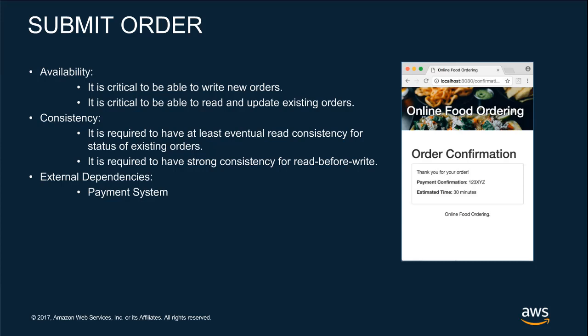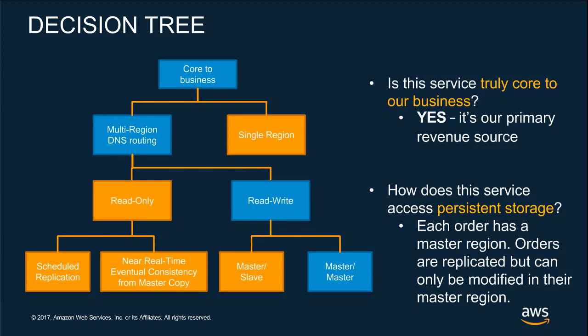So it's critical that the service is always available and that we can accept orders for any region at any time. In this order processing service, we also have an external dependency, our payment processing system, and we'll go into that a bit later on. If we look at our decision tree here, the first answer is pretty clear and straightforward.